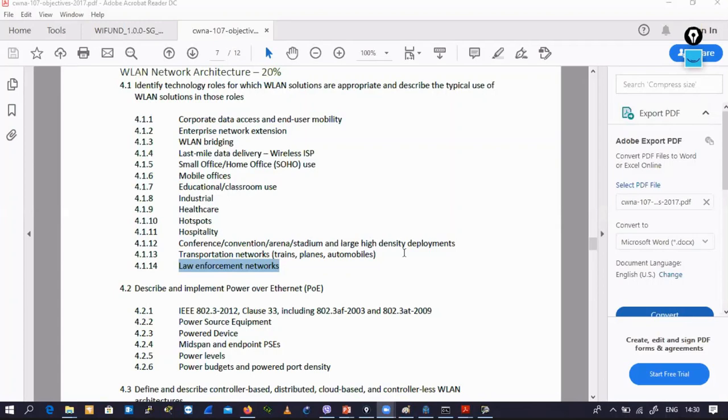It's all up to you, sir. Because your question is, what is the difference? WPA3 is the latest security mechanism which we are going to use in a wireless environment.